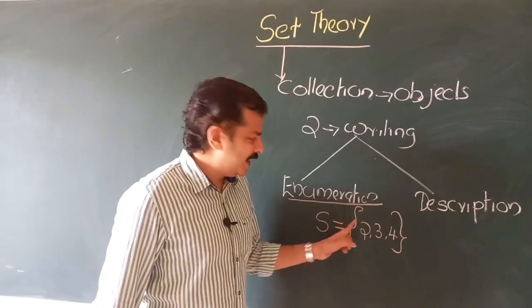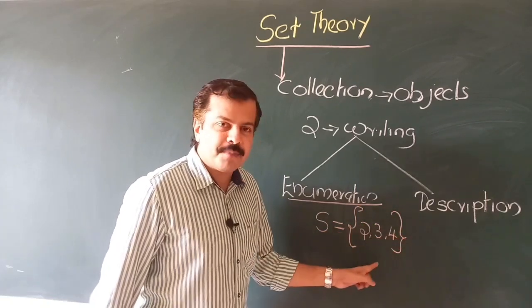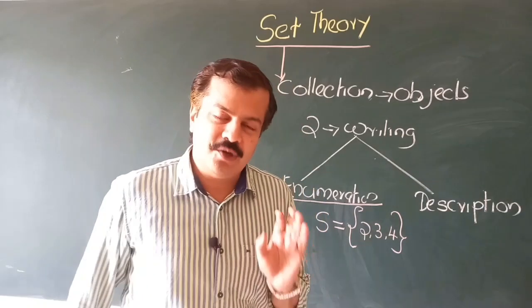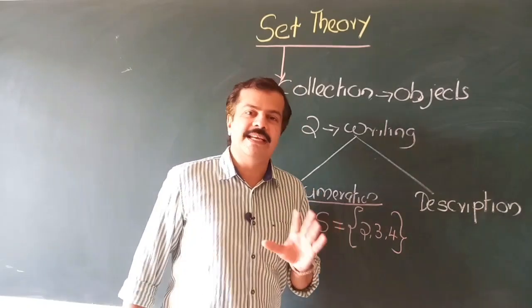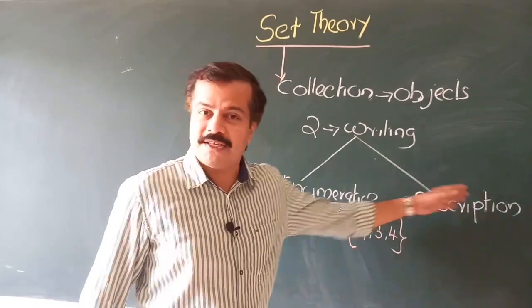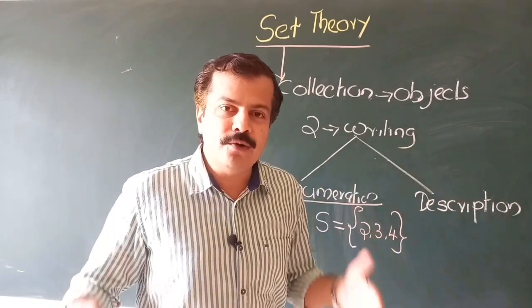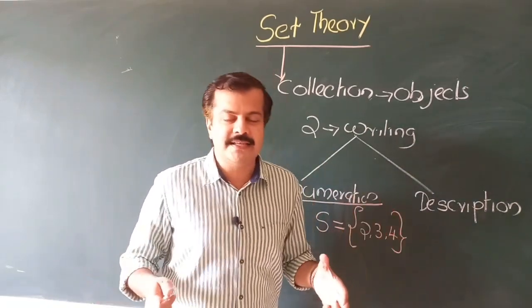S equals, then a starting bracket and an ending bracket, because it is customary to use a pair of braces when you present a set, either in the form of enumeration or in the form of description.